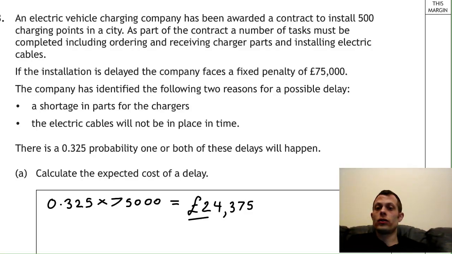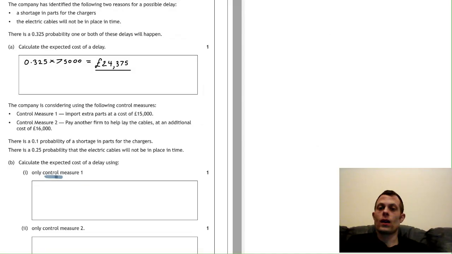So let's look on to part B. We've got the option of using control measures. So control measure 1 imports the extra parts, and that means the first reason for a delay, the shortage in parts for the chargers, doesn't happen.